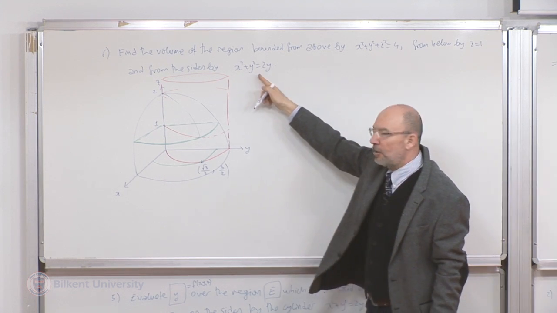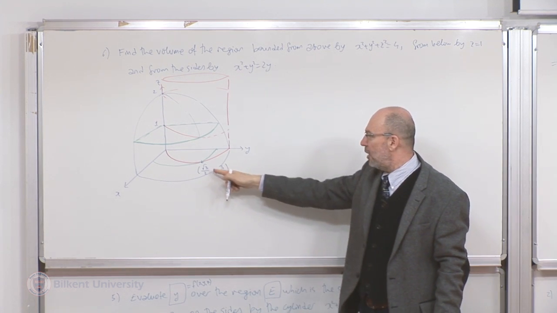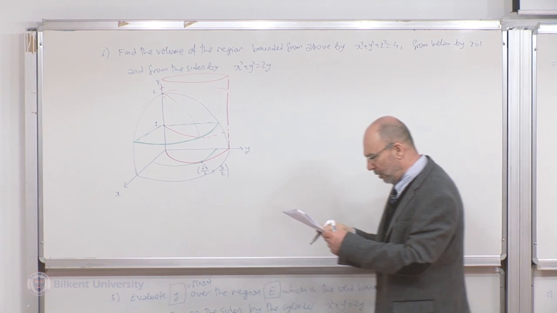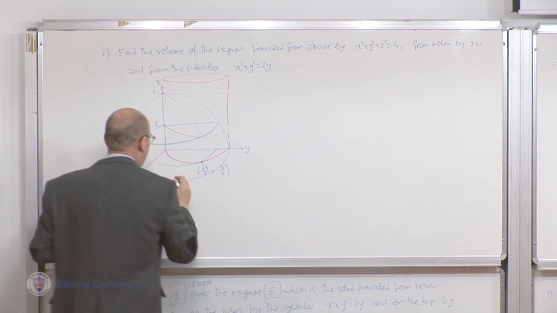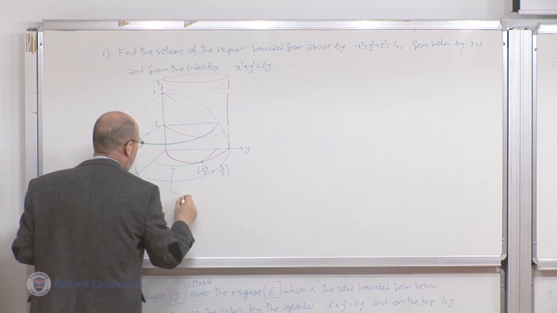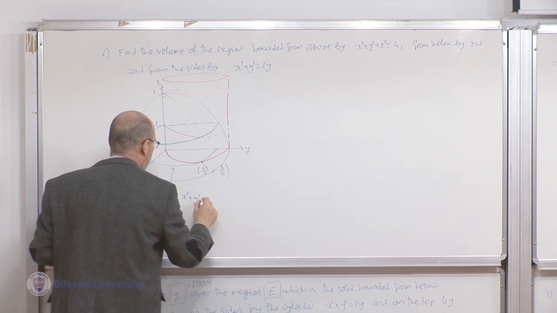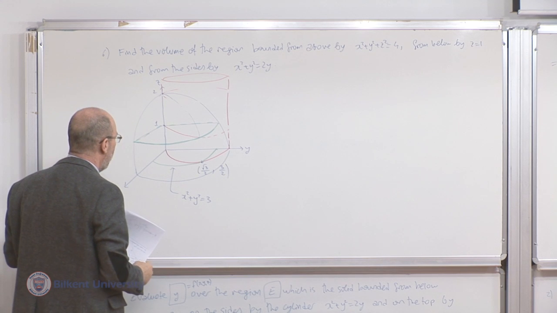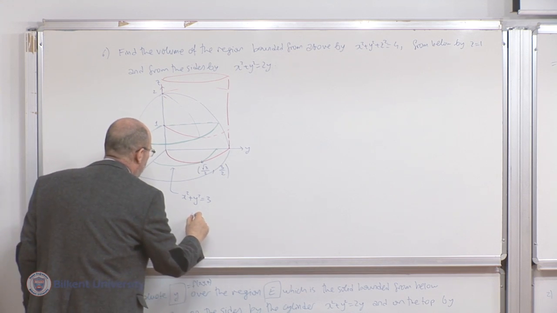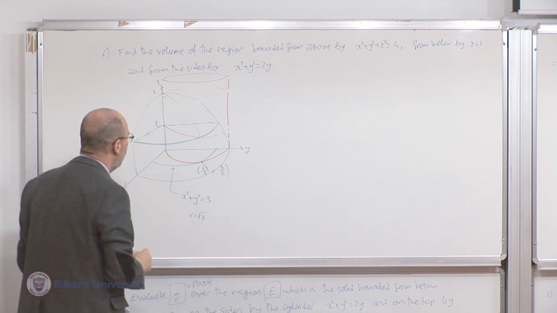I have another circle in the xy plane. I intersect them, I get this one. So this green circle is x squared plus y squared plus 1 equals 4, so x squared plus y squared equals 3. You see, r is equal to square root 3 here.